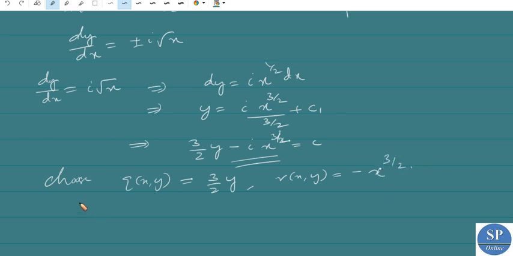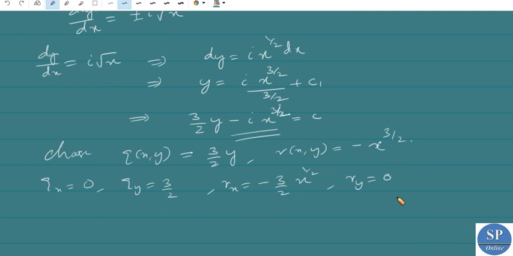Okay, so differentiating we get q_x is equal to 0, q_y is equal to 3 by 2, r_x is equal to minus 3 by 2 into x power 3 by 2 minus 1, which is 1 by 2, r_y equal to 0.